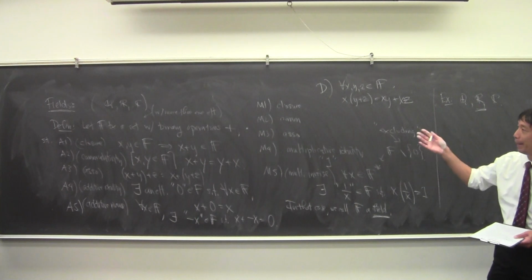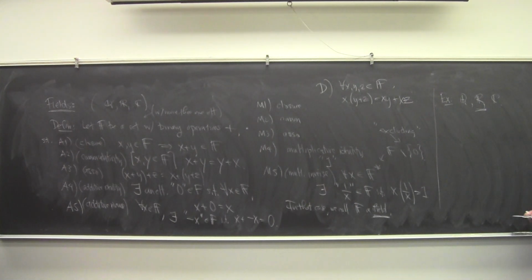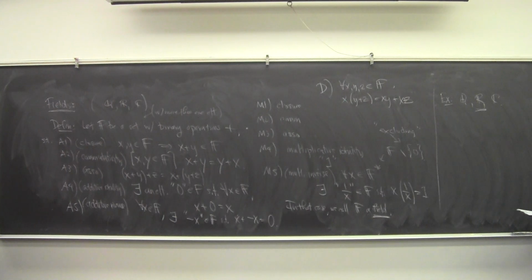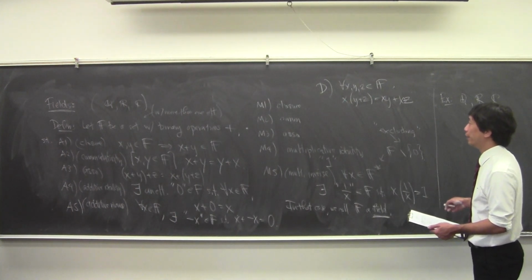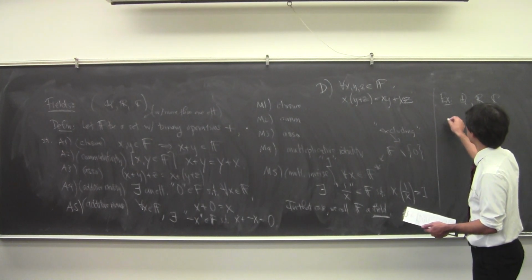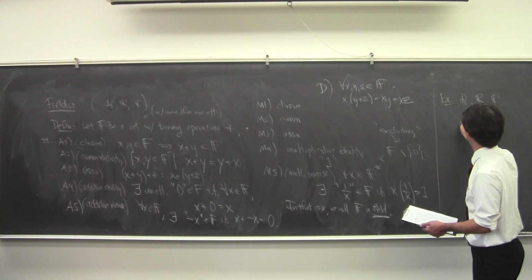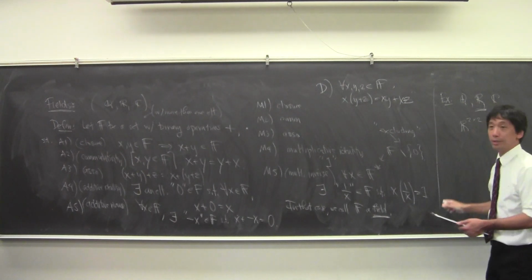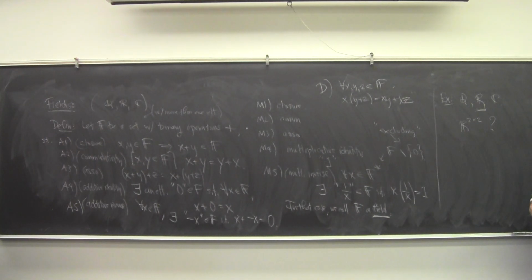I don't call it M or A. In that case, we call F a field. So Q, R, and C are fields. What if I talk about 2x2 matrices? Are the 2x2 matrices a field?